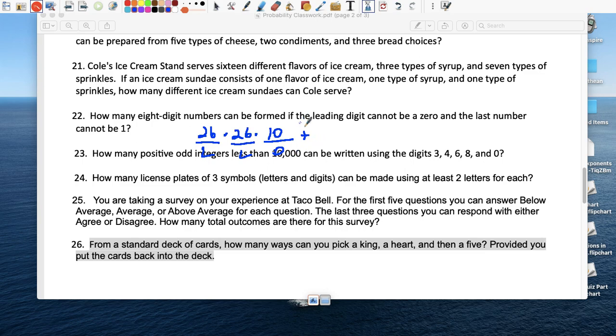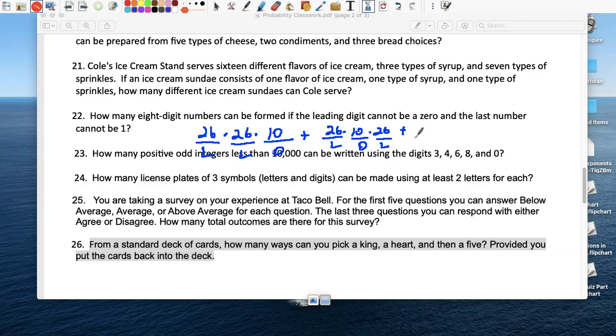It doesn't say it has to start with a letter or that the digit has to be at the end. So another license plate I can make is a letter, digit, and a letter, which would be 26 times 10 times 26.